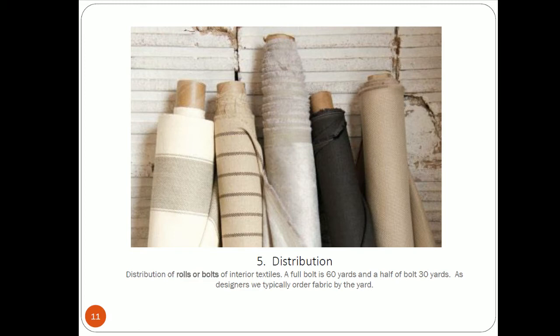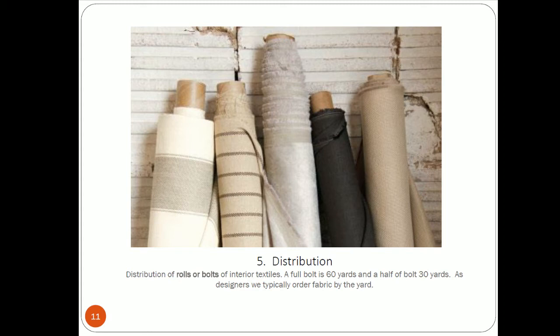There's the cardboard roll, and then the fabric is woven around it, and then it's going to be sold by the yard. So when I'm doing a project, I might have 50 of these at my workroom. So they're sold by the yard.